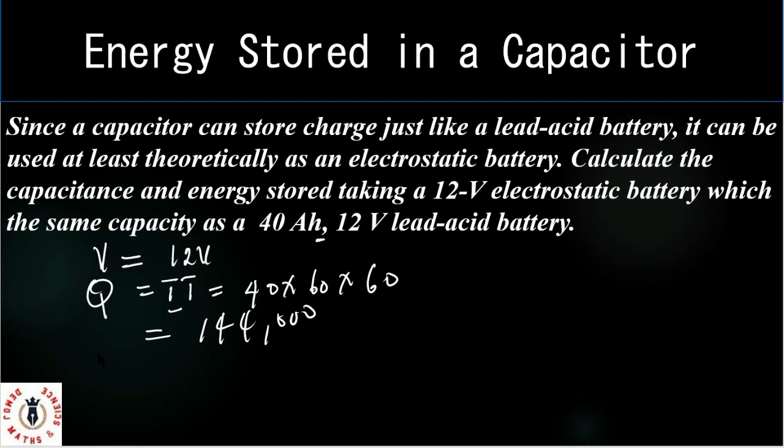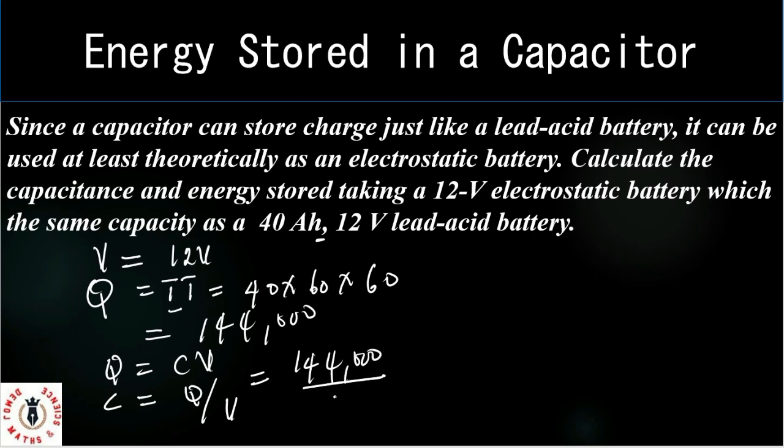Remember that Q is the same thing as CV, so my C here will be equal to Q over V. This will be 144,000 over V. My V is 12. 144,000 divided by 12 is the same thing as 12,000 farad.